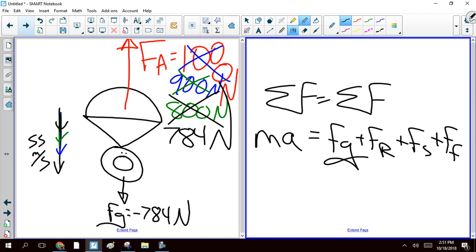I'll talk more about normal force tomorrow. But do normal force last, because usually it's the thing you don't know. It is often equal to the force of gravity, but not always.